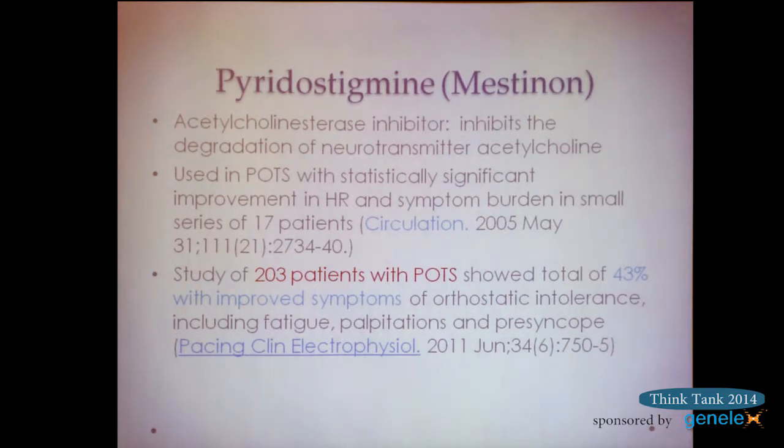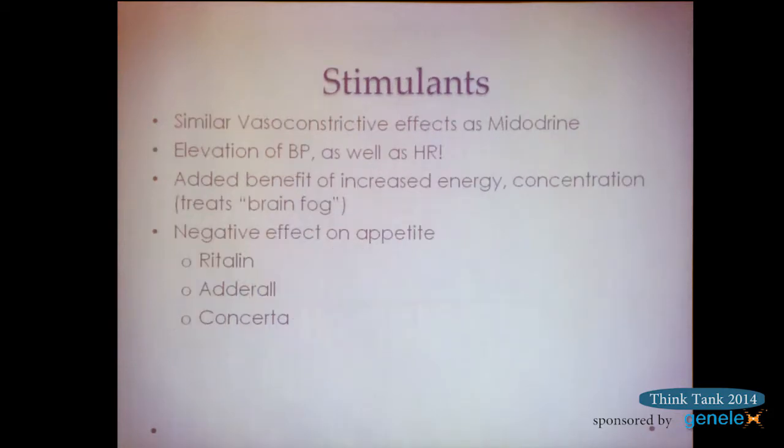And a larger study in PACE had 203 patients with POTS, showed about 43% of that total pool of patients had improved symptoms of orthostatic intolerance, including fatigue, palpitations, and pre-syncope.